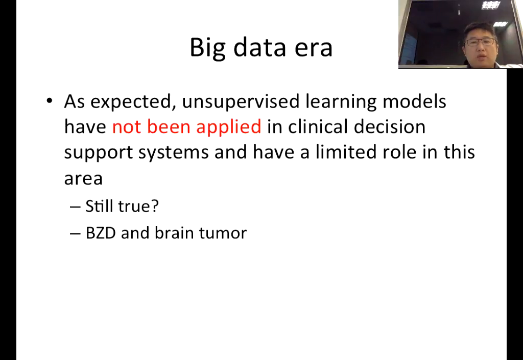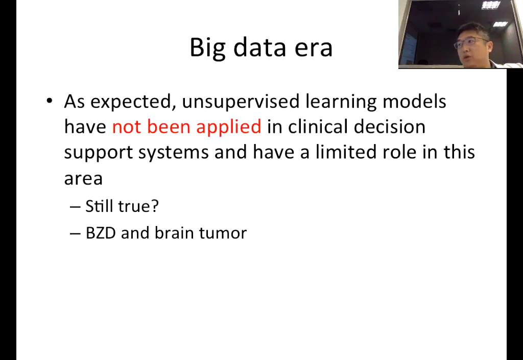I think that's a good fit for the big data era, because if you already know some knowledge, then you just use big data to prove it or not. But if you want to search for something unknown, unsupervised learning methods will help. Currently a lot of research searches whether two diseases coexist in one patient, whether they have some risk factor.